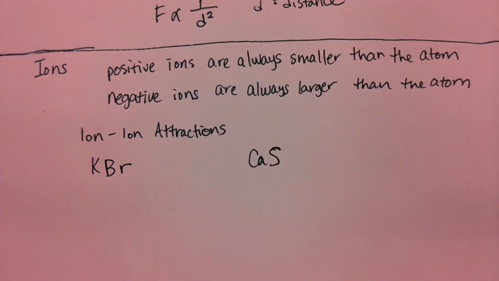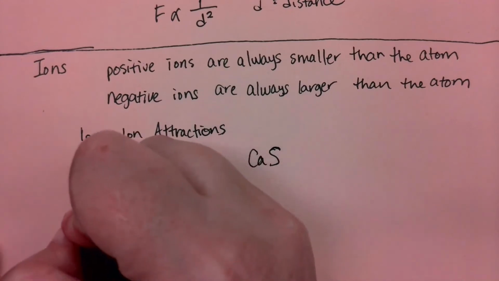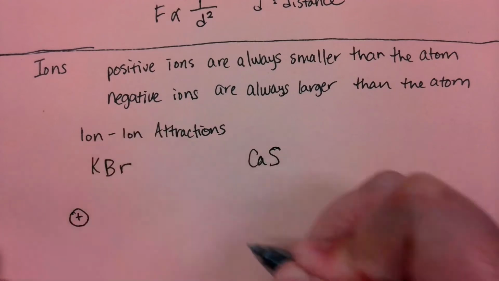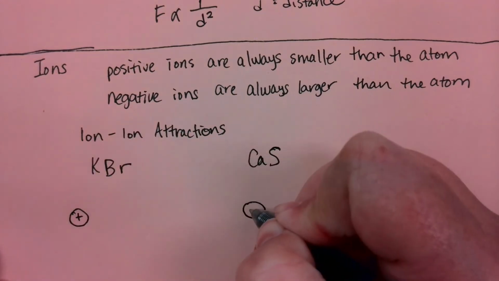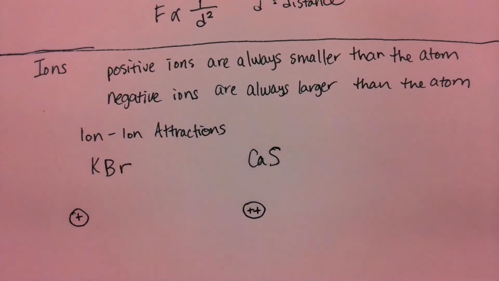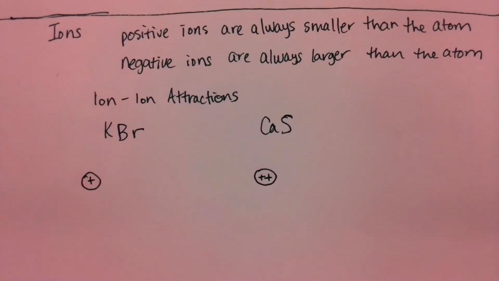K and Ca are going to be comparable in size. They're not the exact same size, but they're comparable because they're next door neighbors. So I've got K here with a positive charge, and Ca here with 2 positive charges, because calcium has a +2 charge.